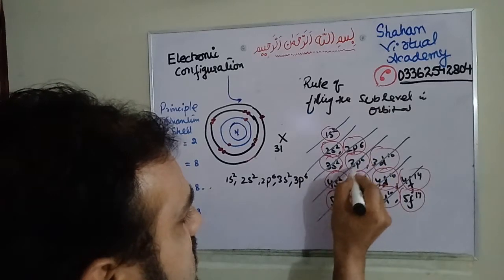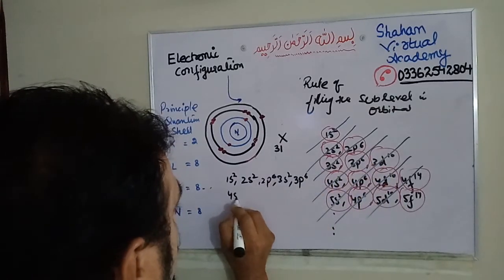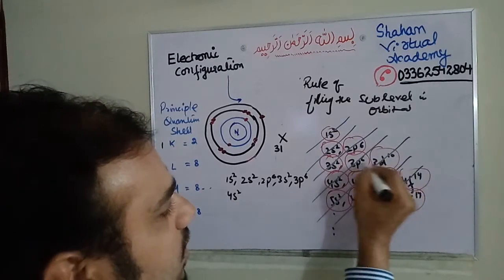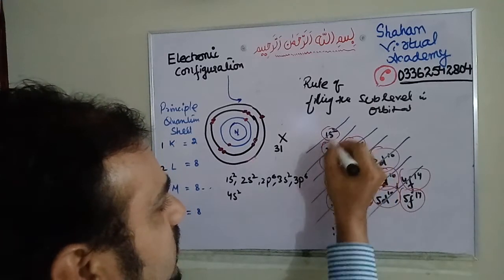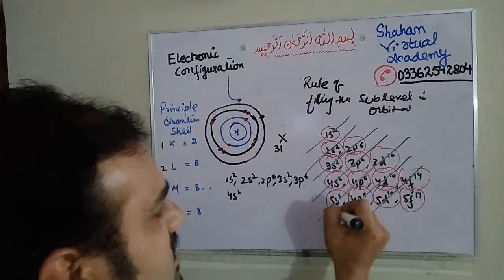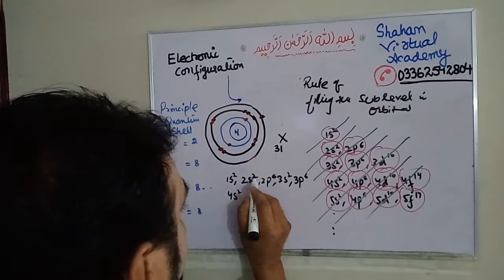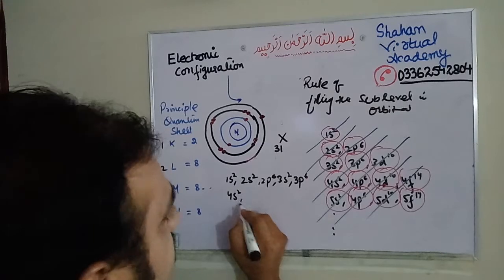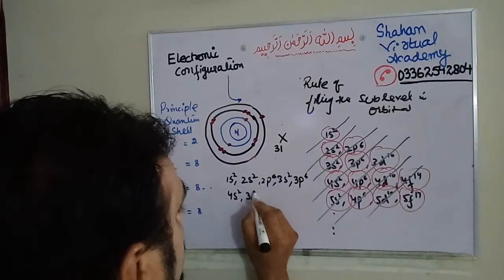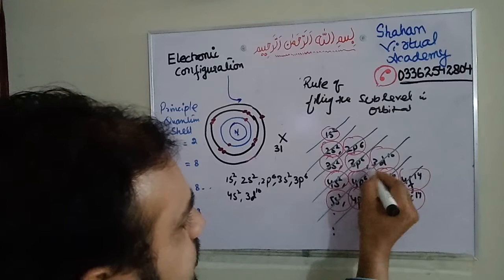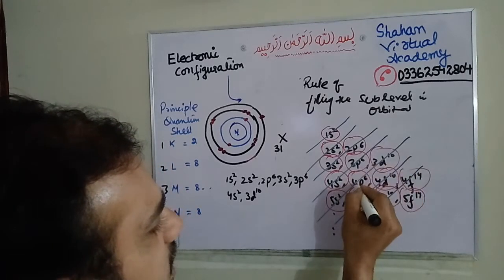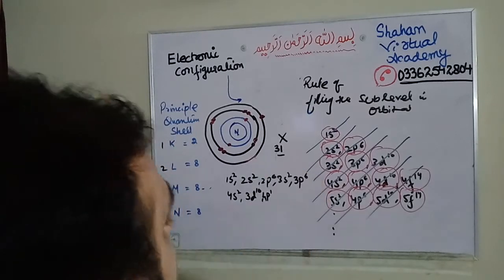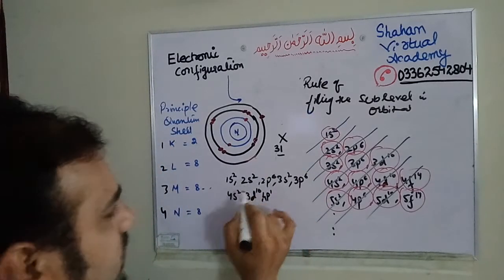But after 3p6, 4s2 comes, because after 3p6, 3d10 will not come. Following the arrows, we count 1, 2, 3, up to 20. Now 3d10, and after 3d10 it's 4p1. That is why it adds up to 31.